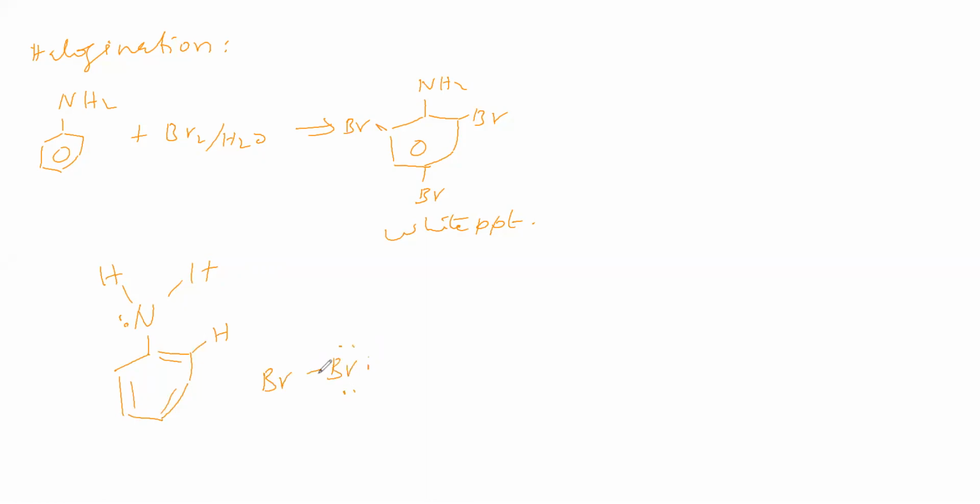Each bromine atom has 3 lone pairs. Now this lone pair comes and attacks this Br, and this bond is leaving, so that we get NH2 double bond here, 5 bonds, here HBr, and here a positive charge.